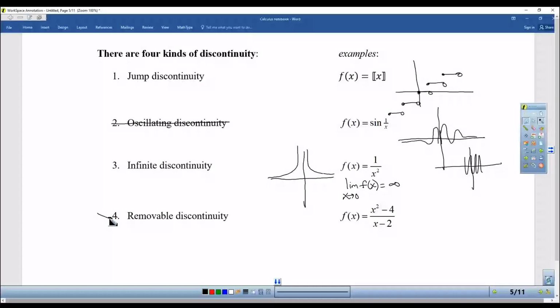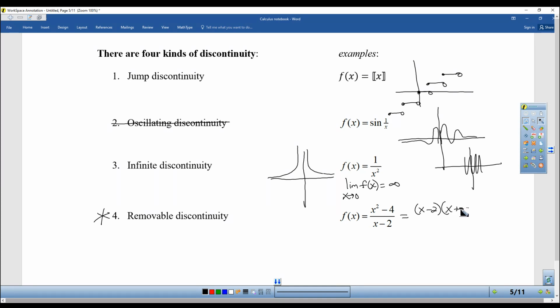Our real focus for today is removable discontinuity. Removable discontinuity pretty much means there's a hole and you can fill it. So the function x squared minus 4 over x minus 2, you guys know that you can factor this.